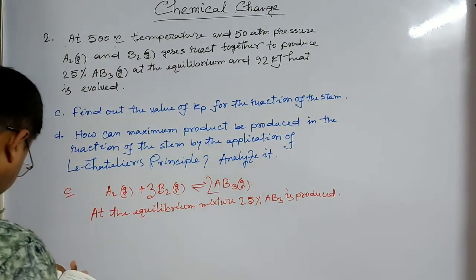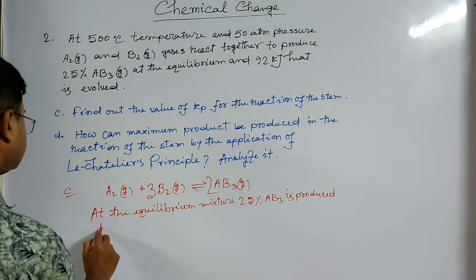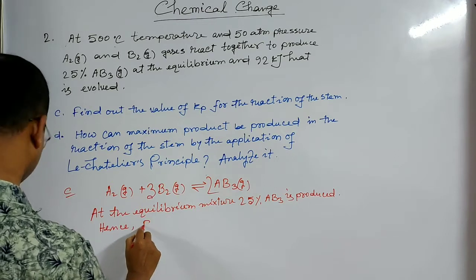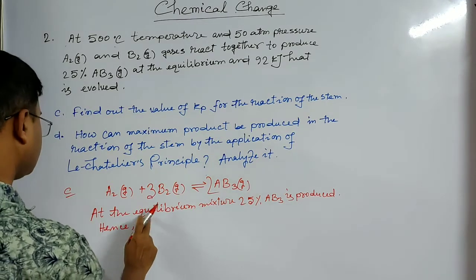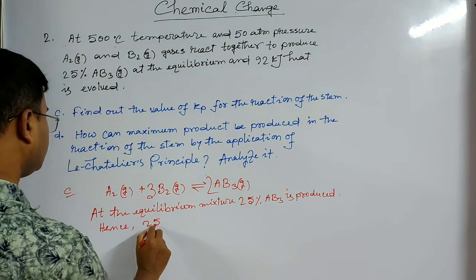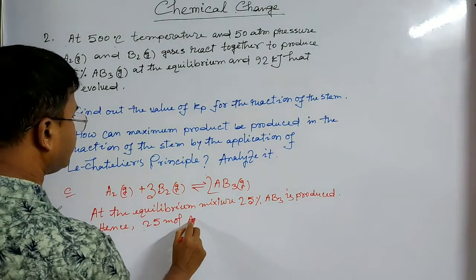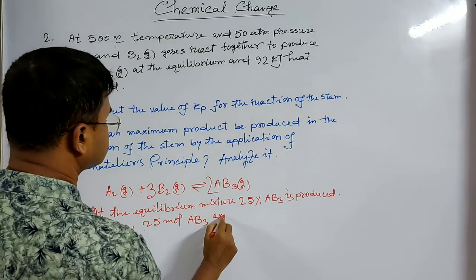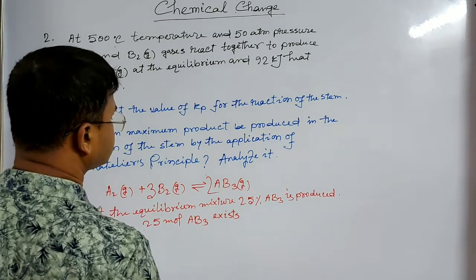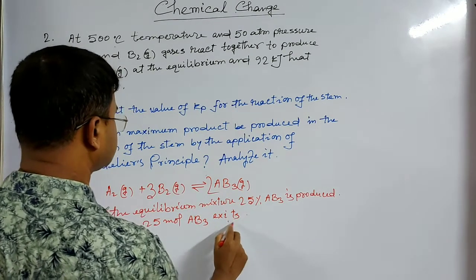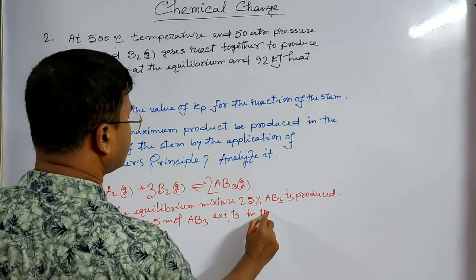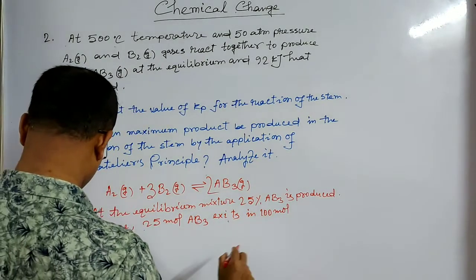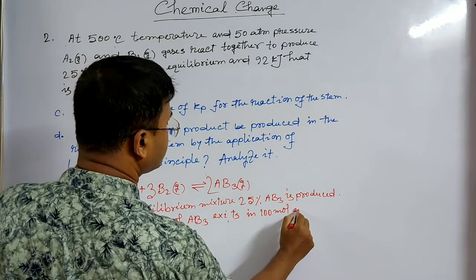It means from 25 mole AB3 exists in 100 mole equilibrium mixture.